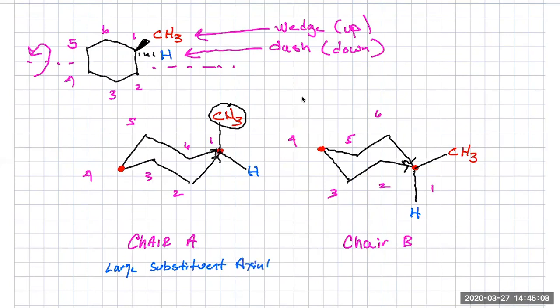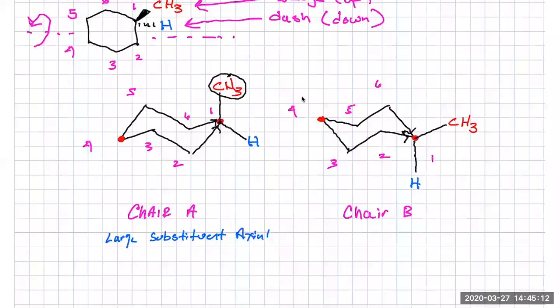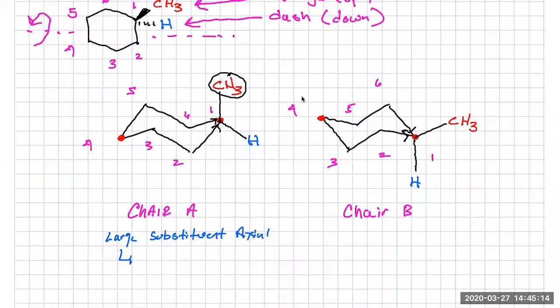In chair B, we don't. And so what do I mean by large? I mean, right now, larger than hydrogen. Since hydrogen is sort of the baseline when we think about cyclohexane, when we have something larger than hydrogen, there's going to be different interactions with those other axial substituents.